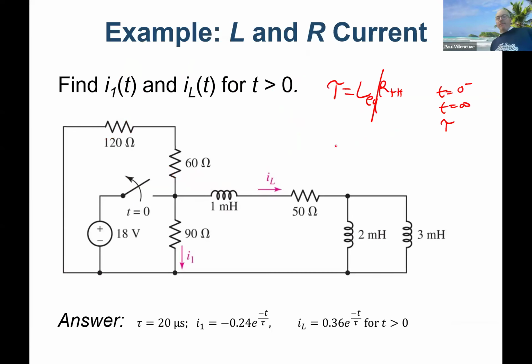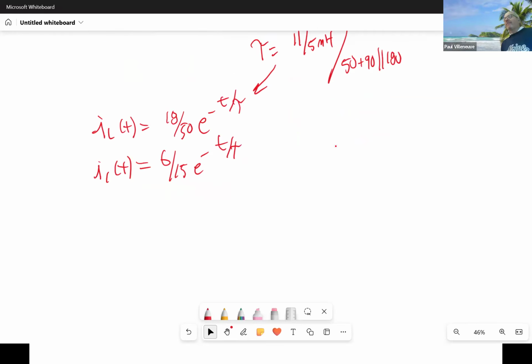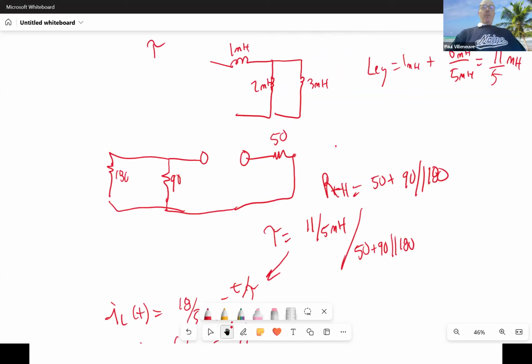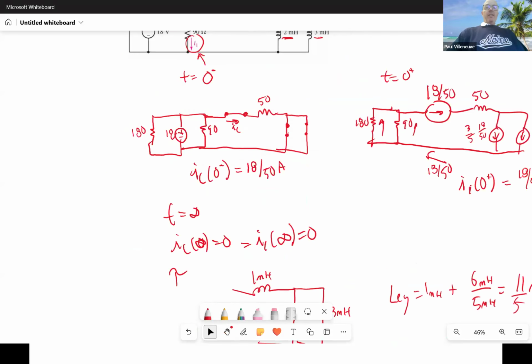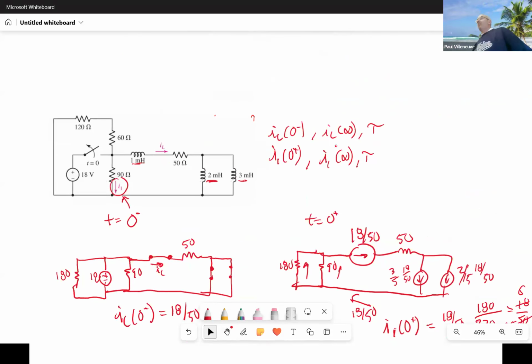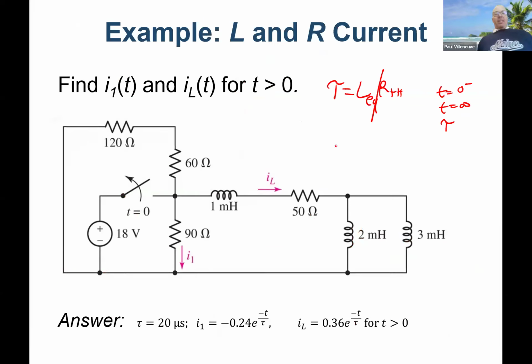Can you go back and explain the T equals 0 and then the plus? Yep. So the whole thing about doing these problems, the most important part is when you look at the circuit and you're relying on the initial conditions of the system after the circuit has transitioned.